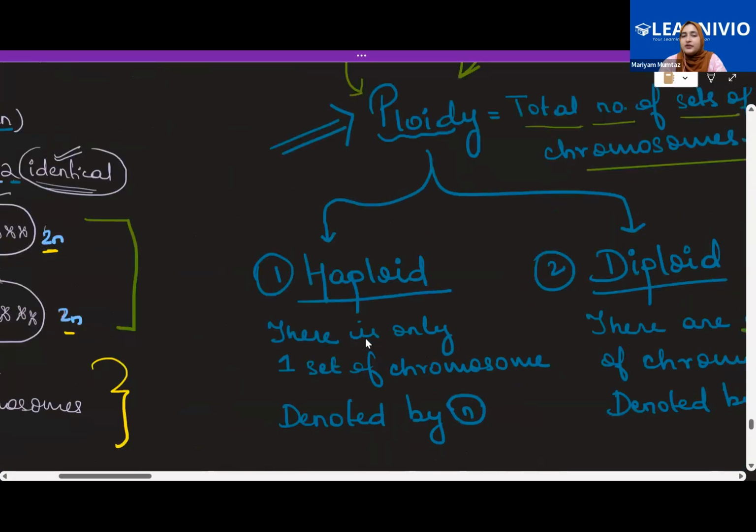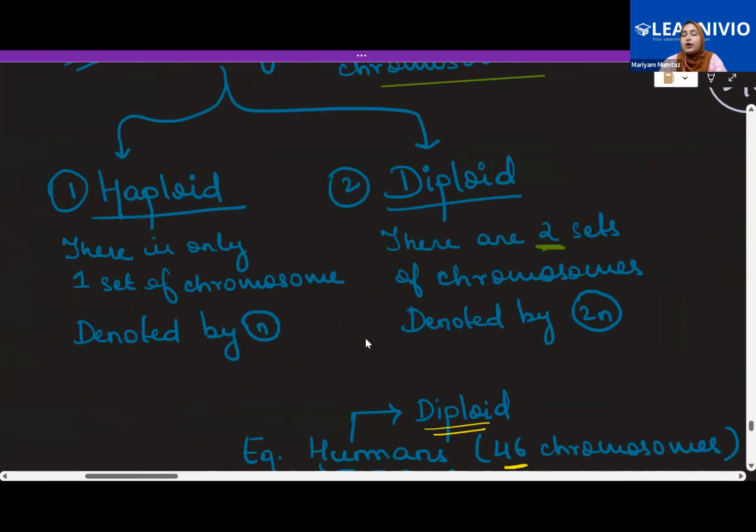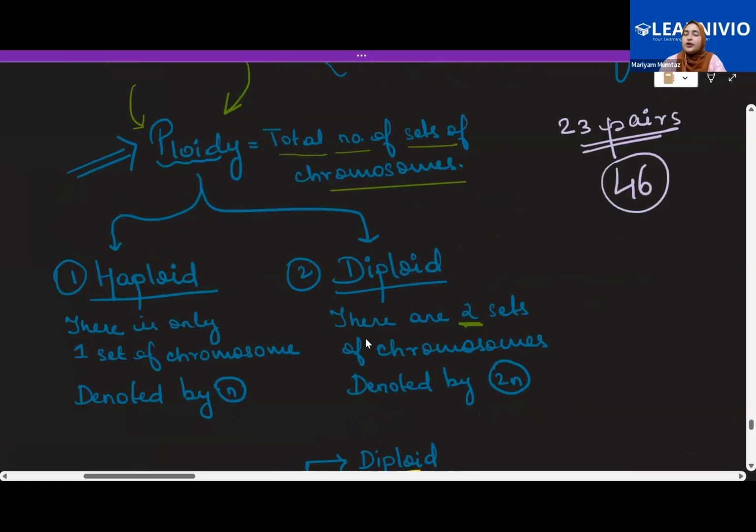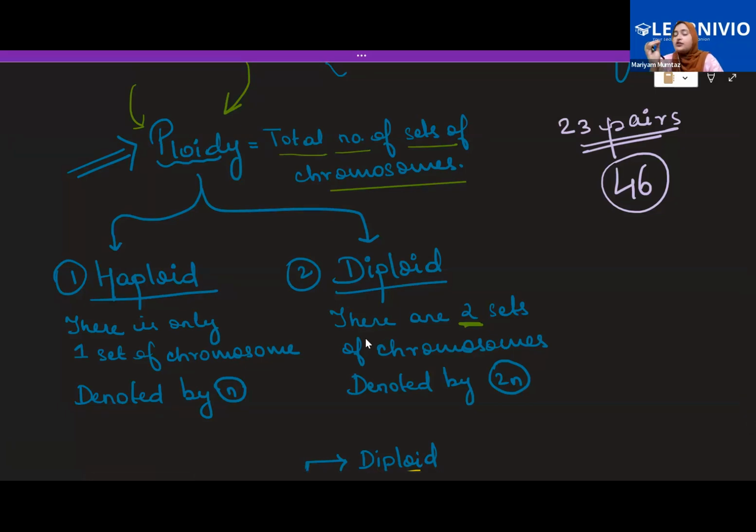Now after this, you should know something about ploidy. What is ploidy? Any cell or any organism has sets of chromosomes present in it. Ploidy means the total number of sets of chromosomes found in any organism or any cell. However many sets of chromosomes there are, we call it the ploidy.